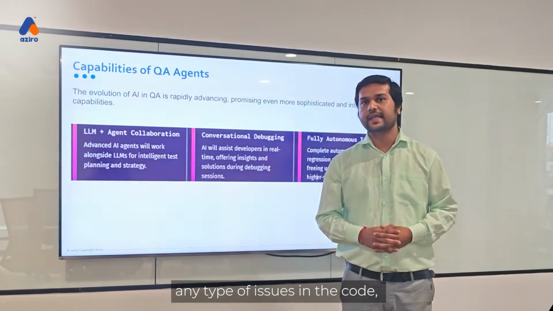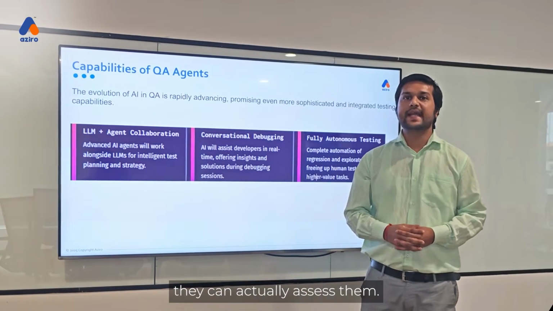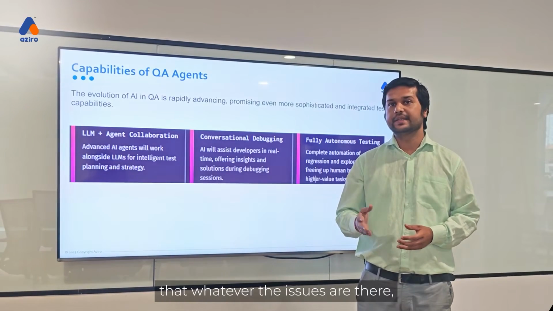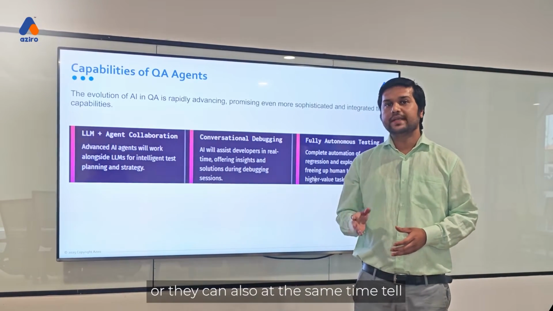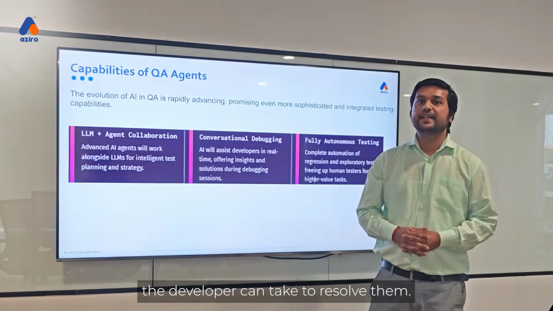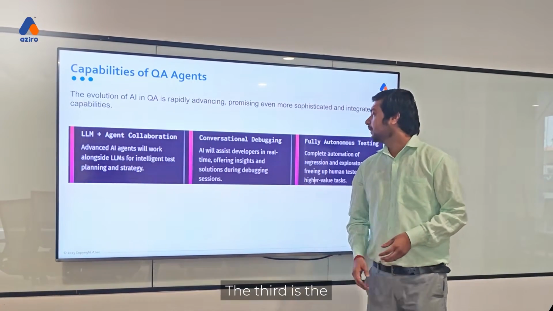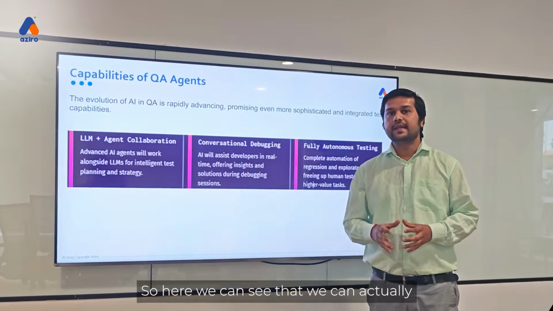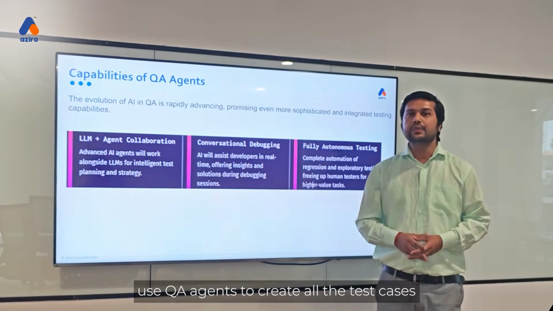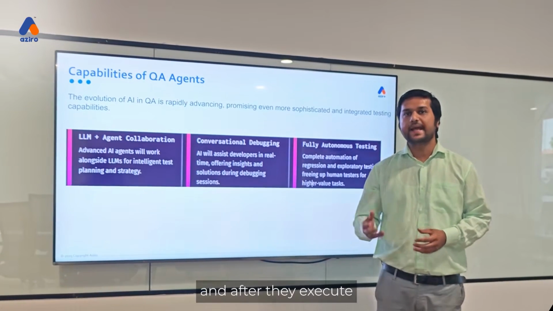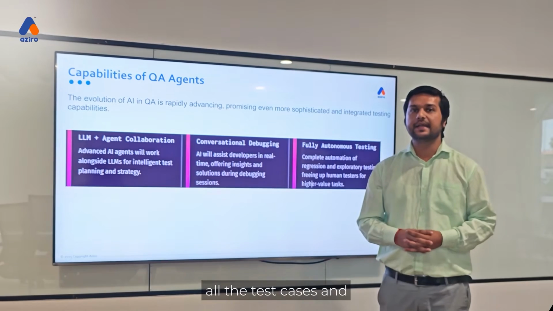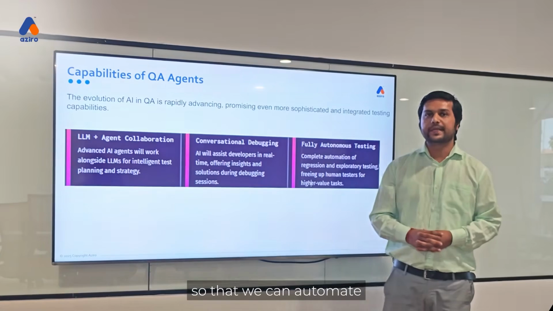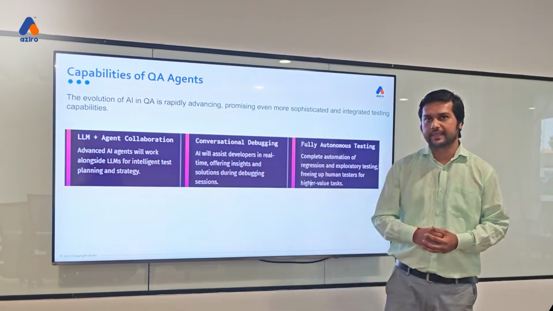Whenever a developer faces any kind of issue in the code, the agents can assist them, tell them what the issues are, and at the same time tell them what steps the developer can take to resolve them. The third is fully autonomous testing. Here we can use QA agents to create all the test cases, then execute all the test cases, and maybe also integrate with Jenkins, so that we can automate the whole testing process.